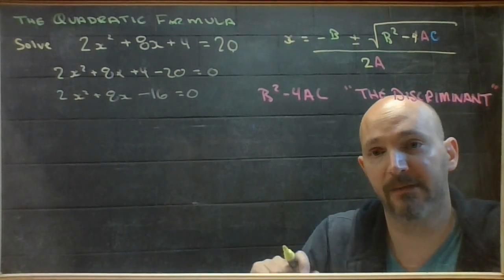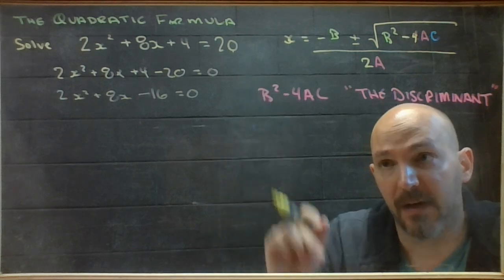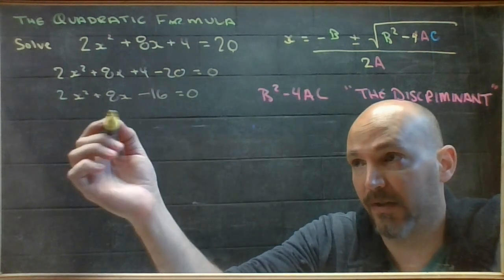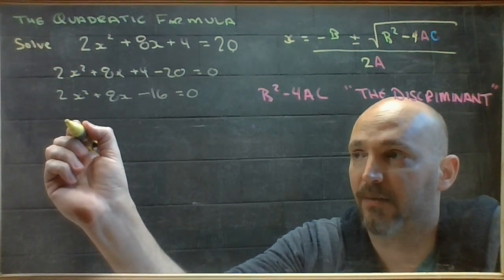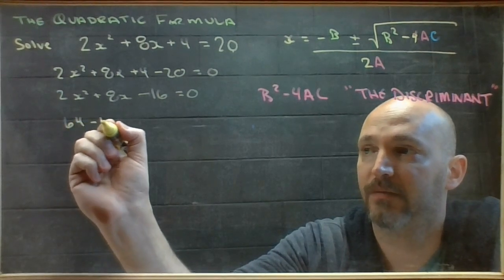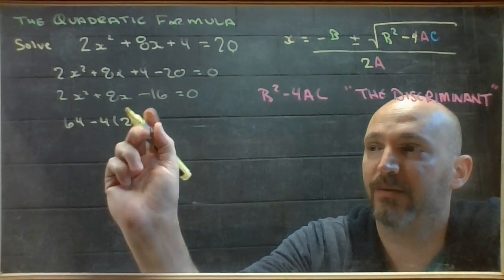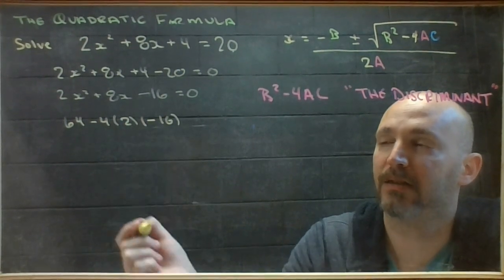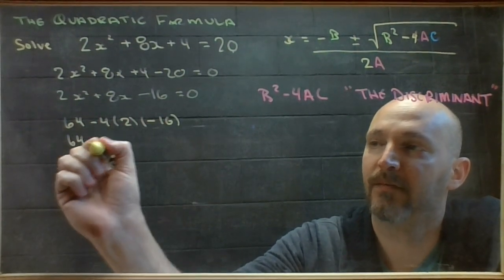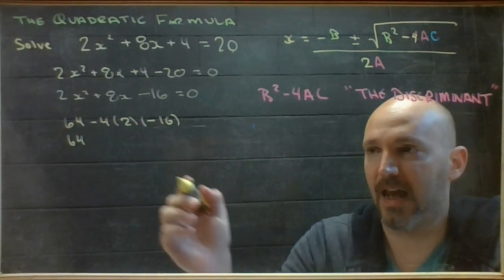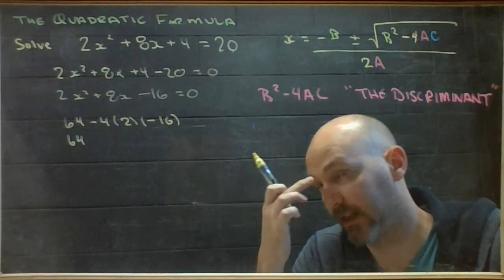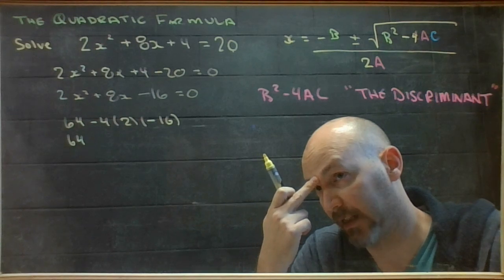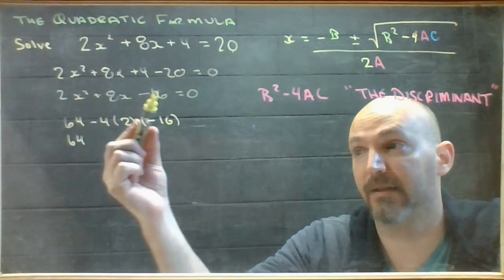So by doing that, I have successfully rendered this as something that just has an A, a B, and a C value. I'm going to check my discriminant to see if this has solutions. So B squared, 8 squared would be 64. My A value is 2. My C value is negative 16. 2 times 4 is 8, and 8 times 16 would be 80, and 48 is 128.